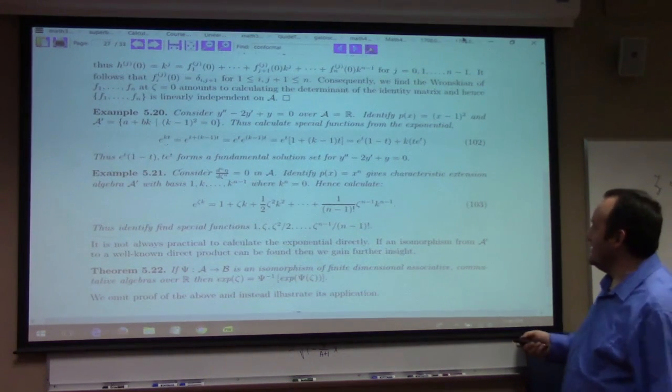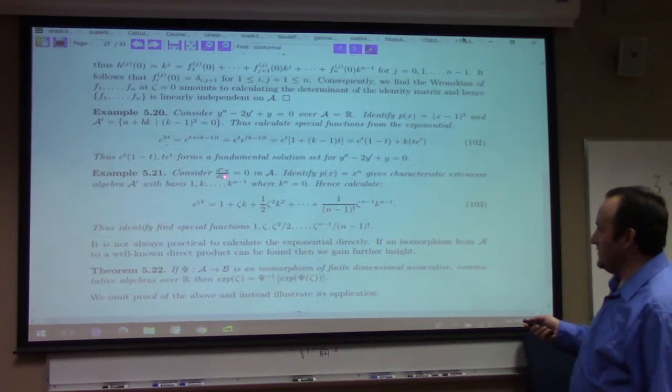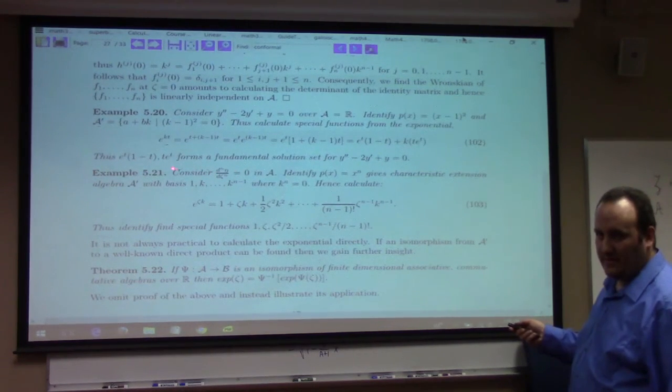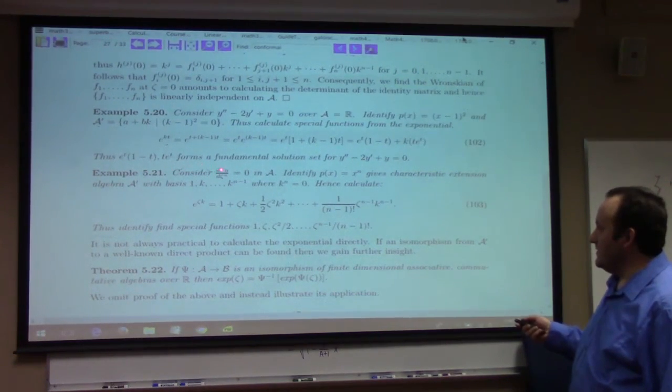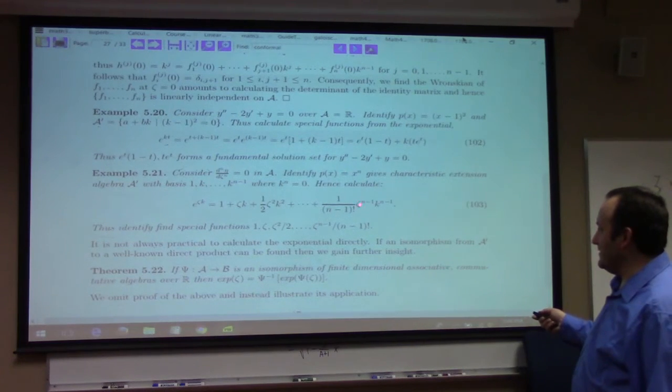algebraification. And this one, of course, you can do just by integrating, right? But here your A prime would just be the span of 1 through k^(n-1) with k to the n equal to 0. So if you look at e to the ζk in that context, it just truncates at order n minus 1. And of course, 1, ζ, 1/2 ζ squared, up to 1 over (n minus 1) factorial ζ to the n minus 1.